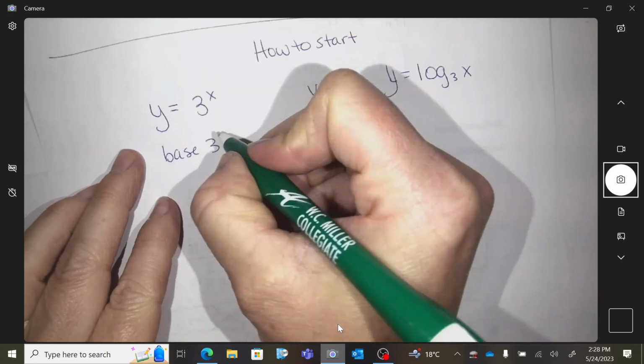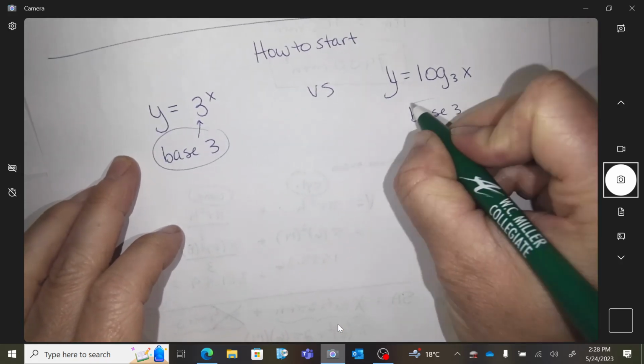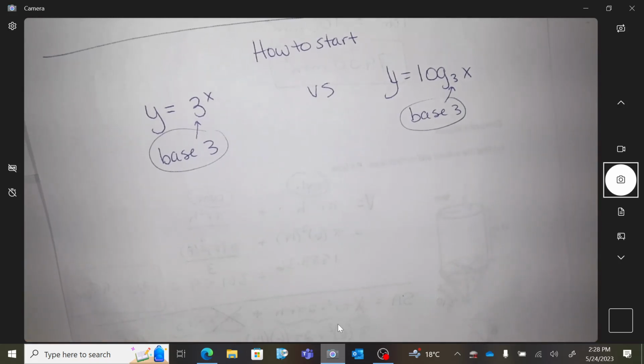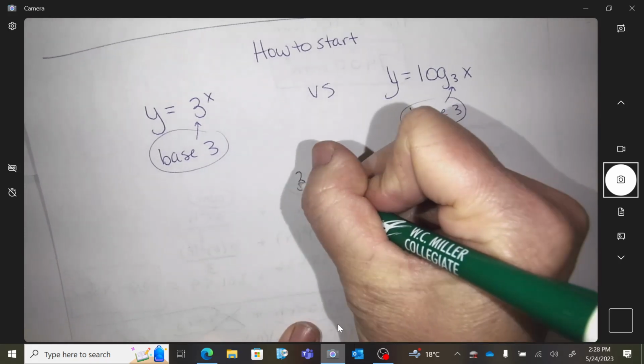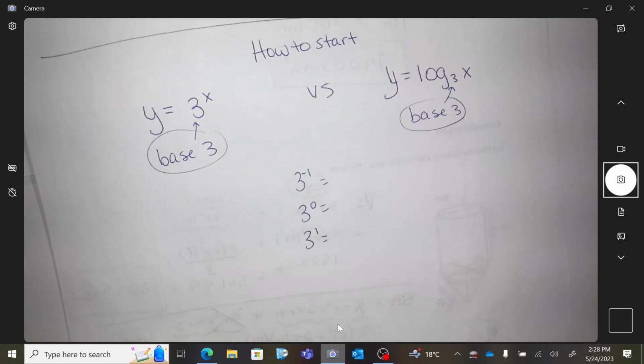Base of 3. This one also has a base of 3. So we're going to start the same way. 3 to the negative 1, 3 to the 0, 3 to the 1. Just to get myself a few points, I'm going to start both of them the exact same way.